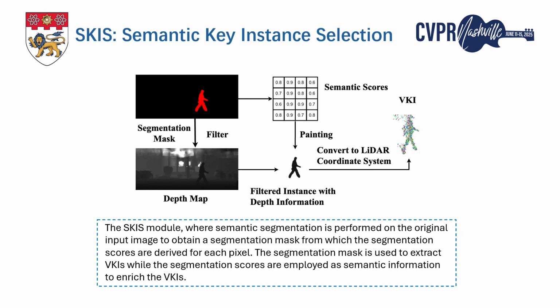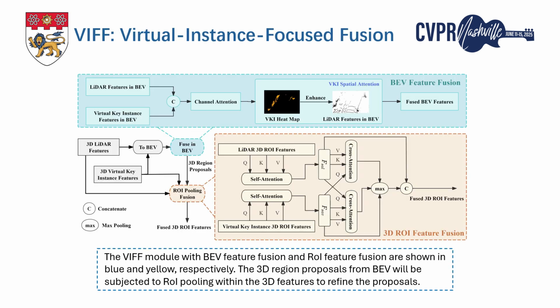The pixels of key instances are then converted into virtual points in the 3D space. Similar to point painting, the semantic scores are appended to these virtual points, forming VKIs which also encapsulate rich semantic information from images. Our approach addresses a problem in point painting where no corresponding LiDAR points can be found to paint on.